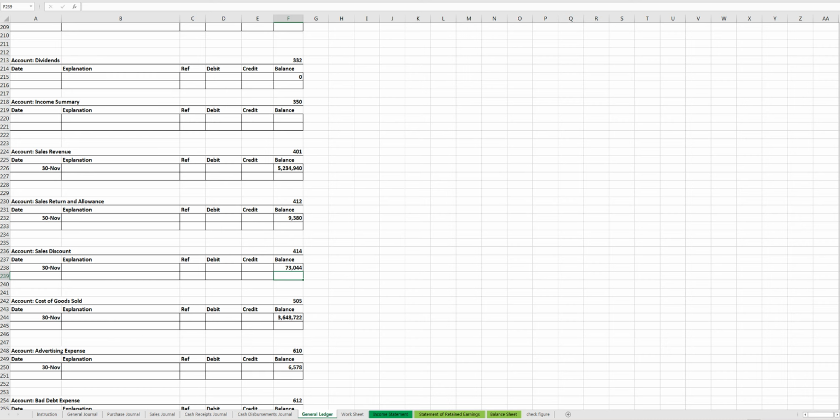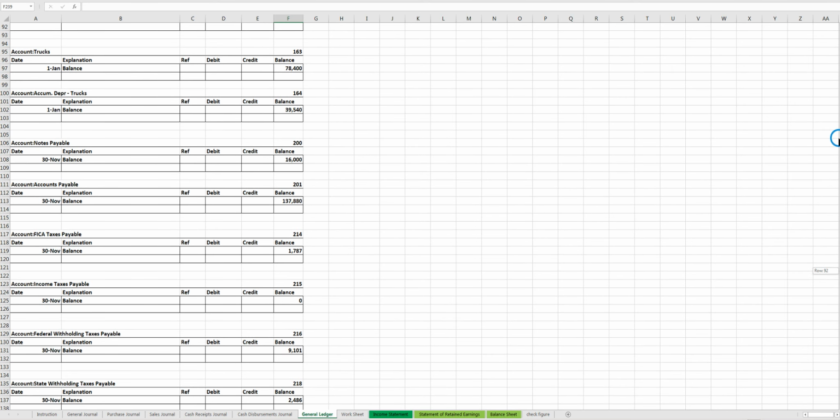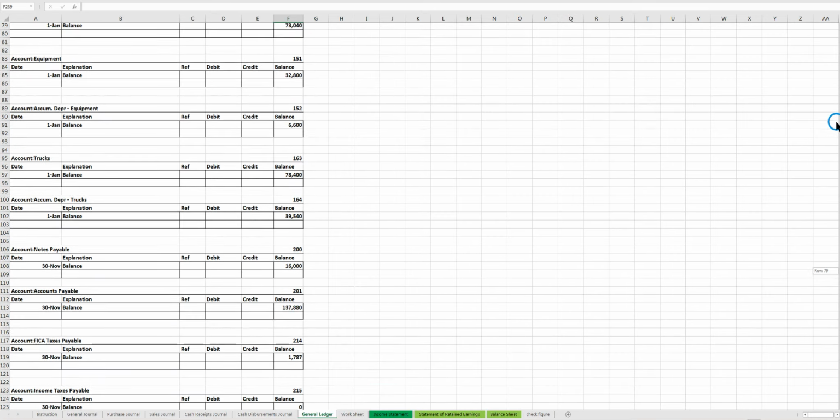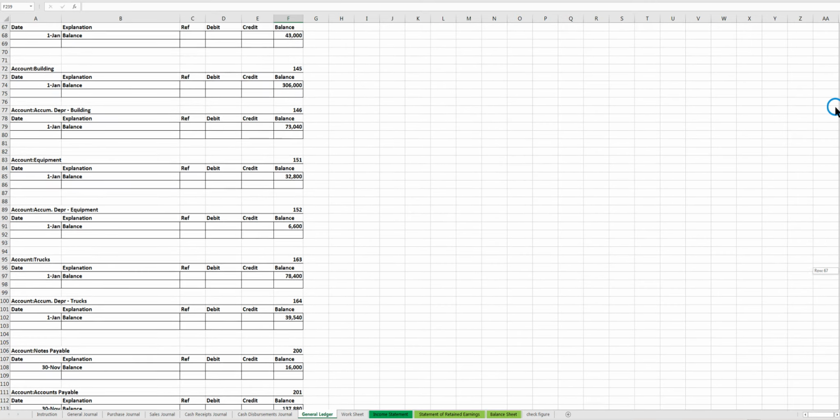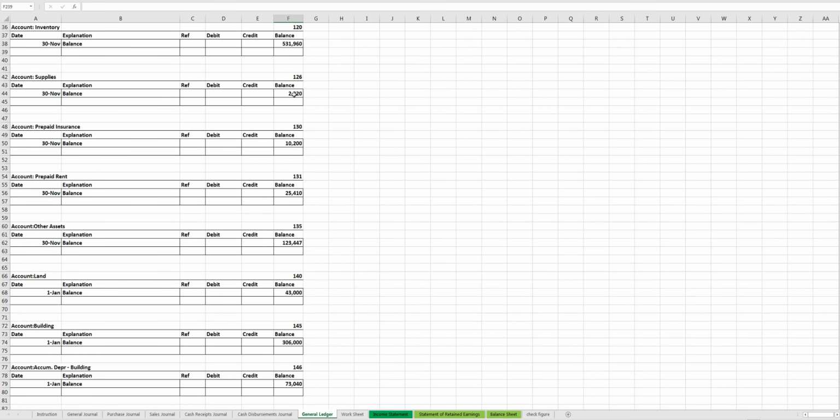We're going to find the supply account. Of course, after we post all the numbers, we have a supply ending balance, but that's not the supply on hand.